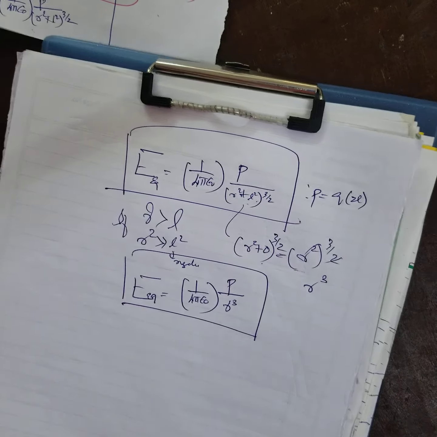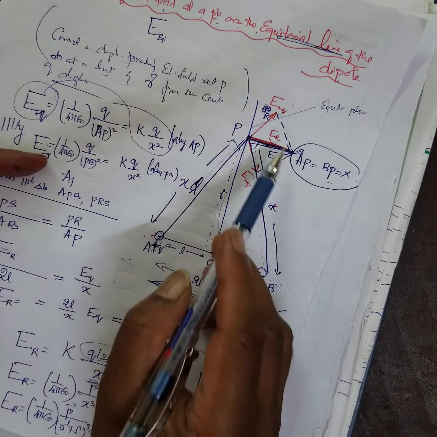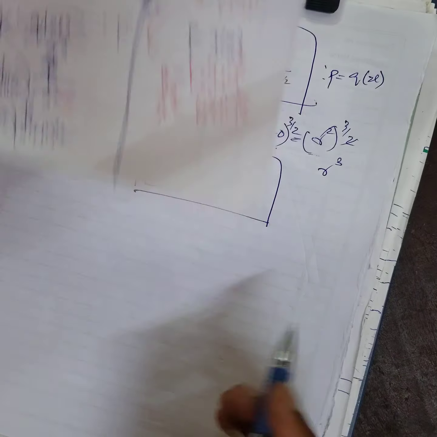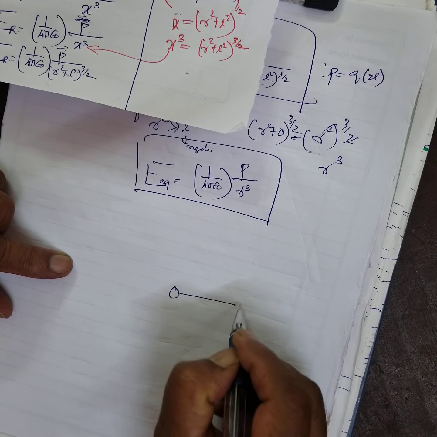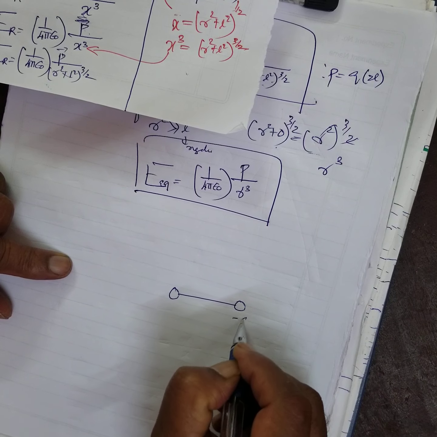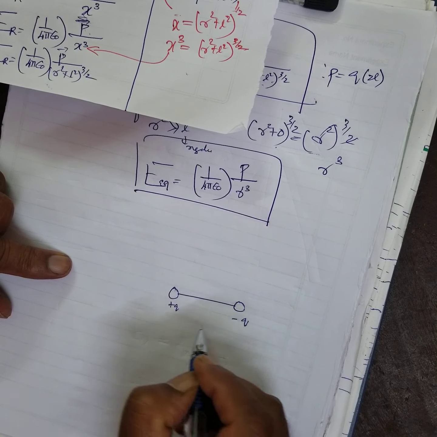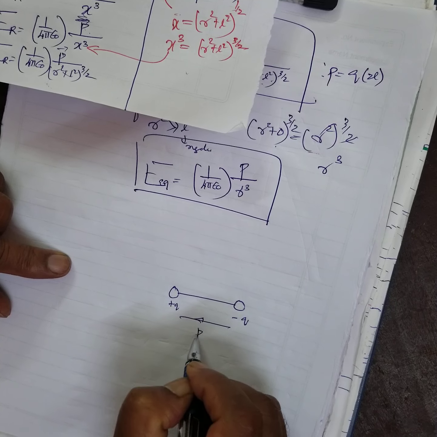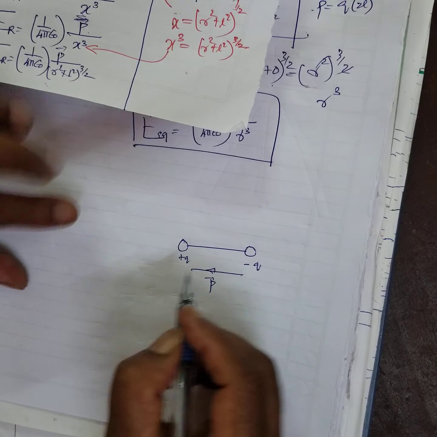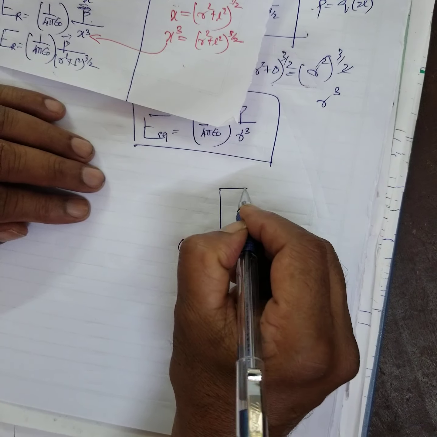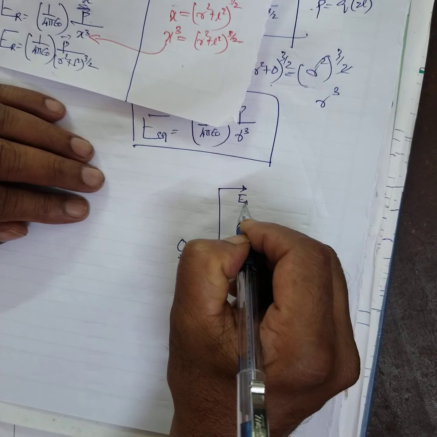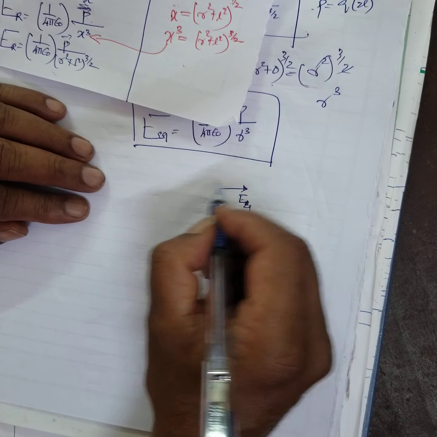And which direction, that is important. Look, P is in this direction, but this is opposite. This is minus Q, this is plus Q. Dipole moment is in this direction, whereas the electric field along the equatorial line is in this direction.